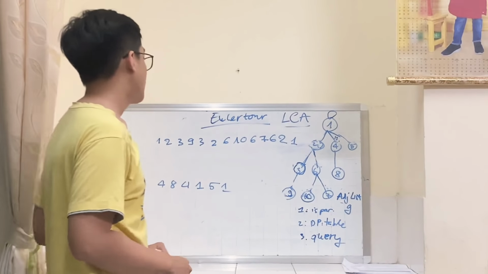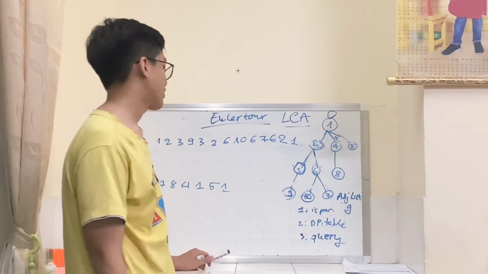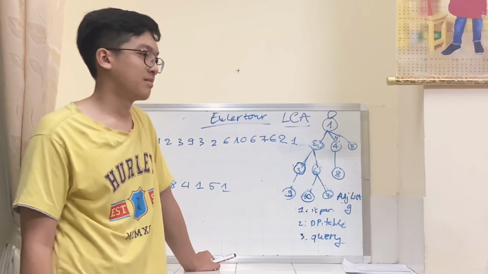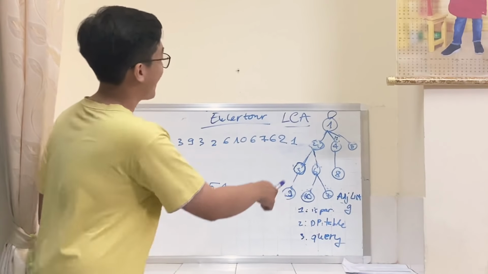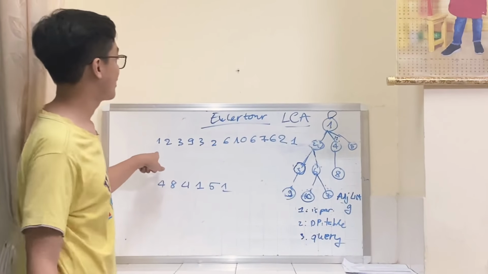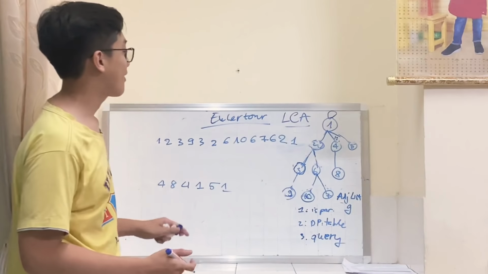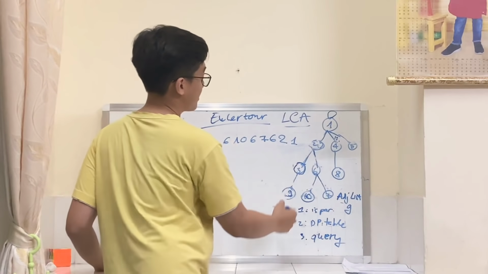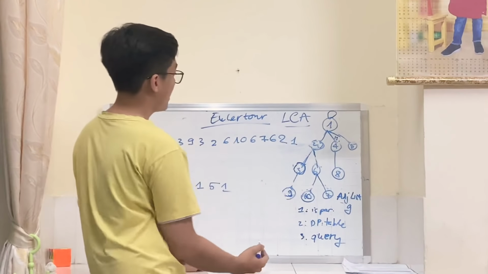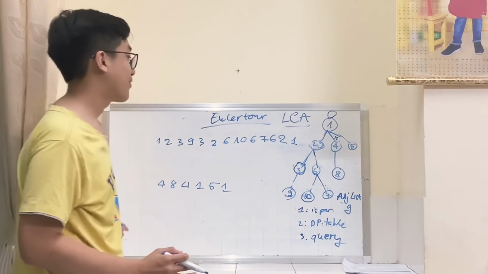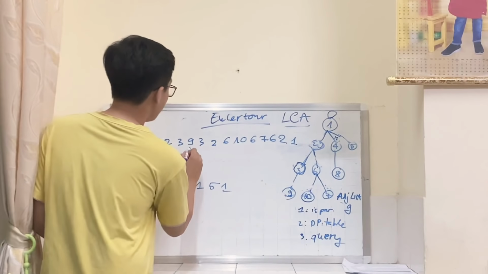And by using the Euler Tour, you have these nodes, and you map the nodes to the index of an array, and using the array, you have the height of each node, and you write the height of each node here. And then whenever you want to find the LCA of, for example, 9 and 8, you take the query from 9 to 8.